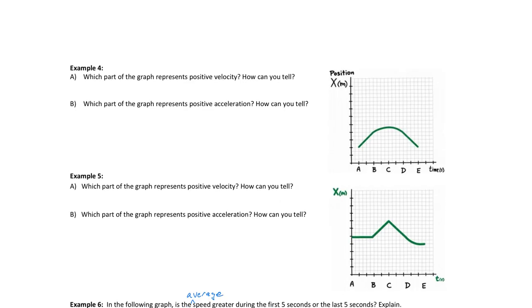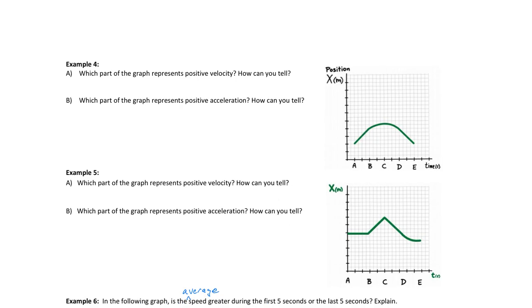Okay, this part shows positive velocity, the d versus t graph. So anything going uphill, so A through C. Which part shows positive acceleration? Okay, so let's check.